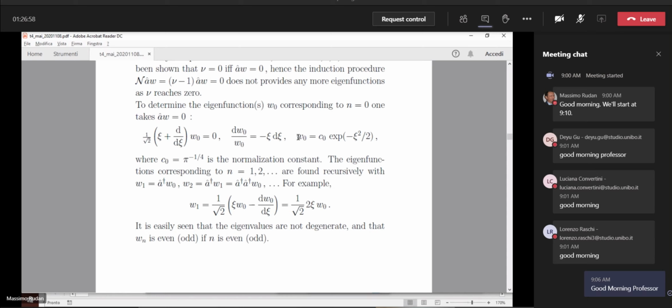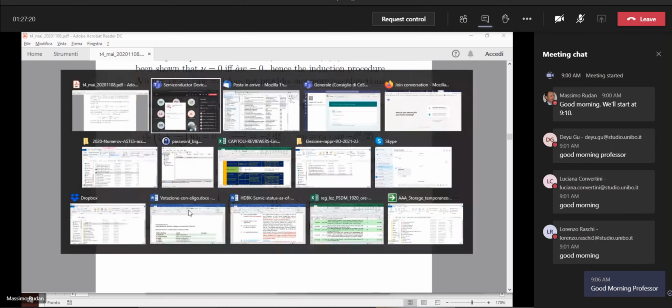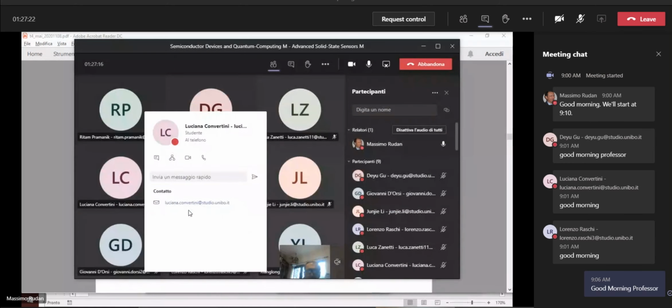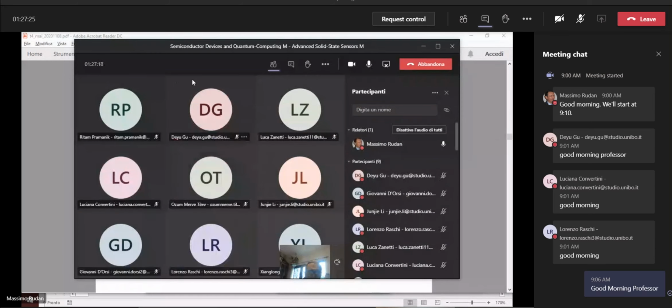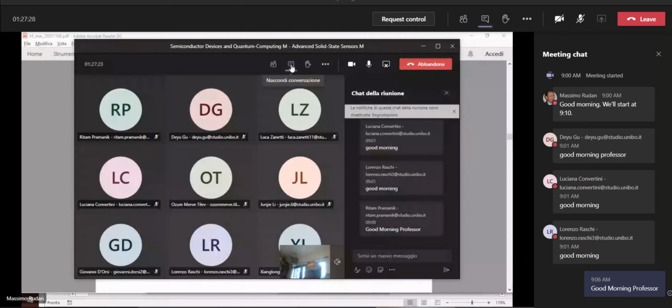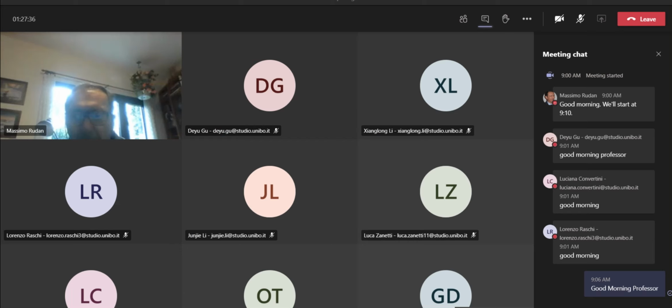To index 0, we have found one and only one eigenfunction W0. Then to index 1, we associate again one and only one eigenfunction, that is W1, and so on. So the eigenfunctions of the linear harmonic oscillator are non-degenerate. All the eigenvalues are, as you remember the name, they are simple. Okay.